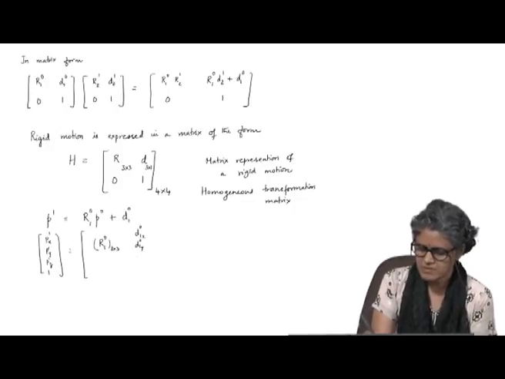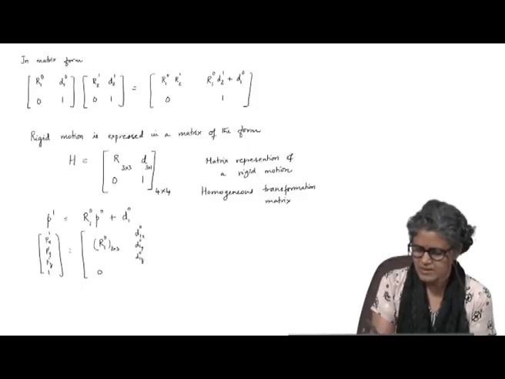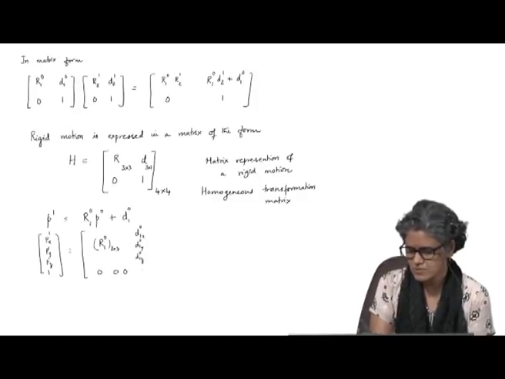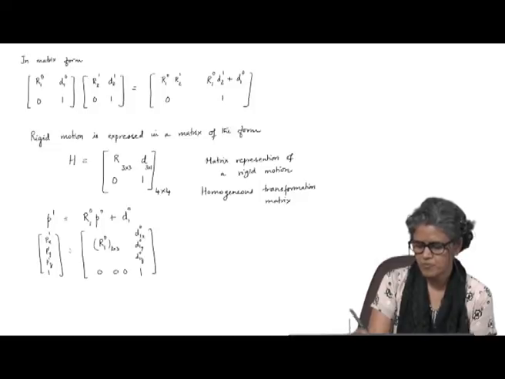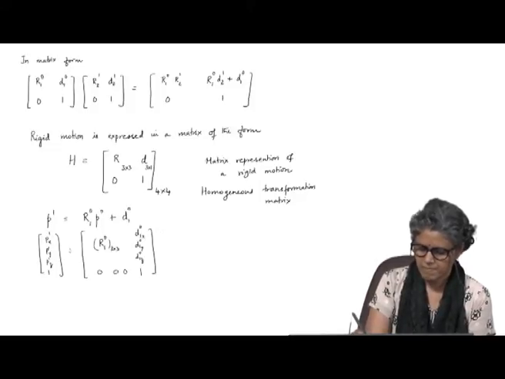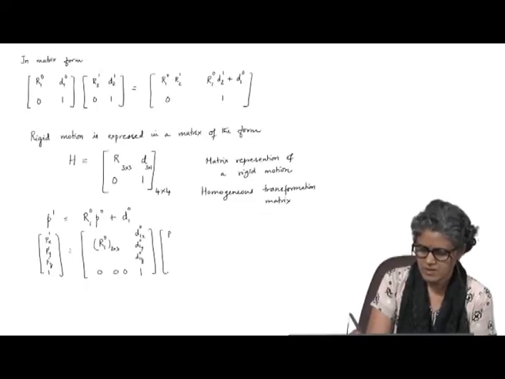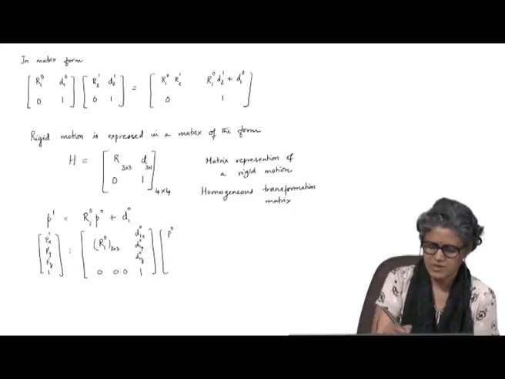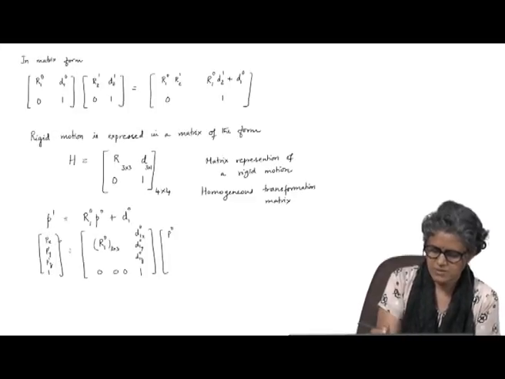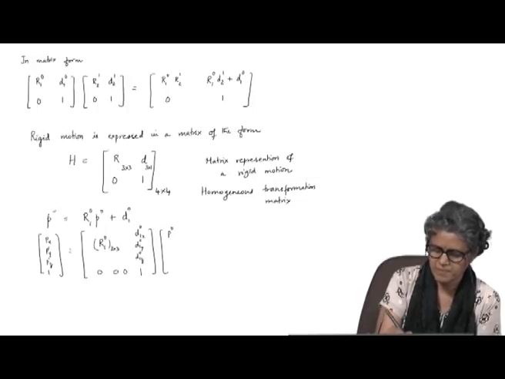So, the origin, right, this is a 3 by 1, and then I add 0 0 0 1 into P. Sorry, this should be 0. Did I do this wrong? Yes, nobody corrected me.